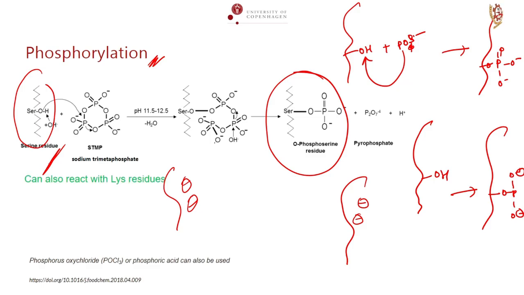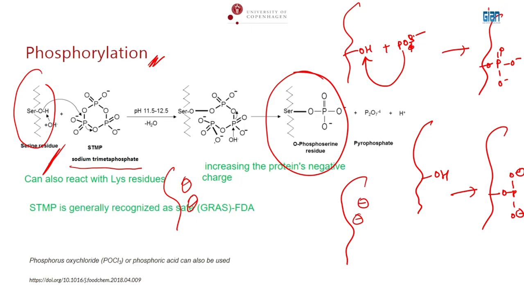For doing phosphorylation, they use a chemical called sodium trimetaphosphate. It's called GRAS. I hope I have a point. Yes, GRAS means not the grass. It means generally recognized as safe by the FDA. So you can use it in food to a certain extent.